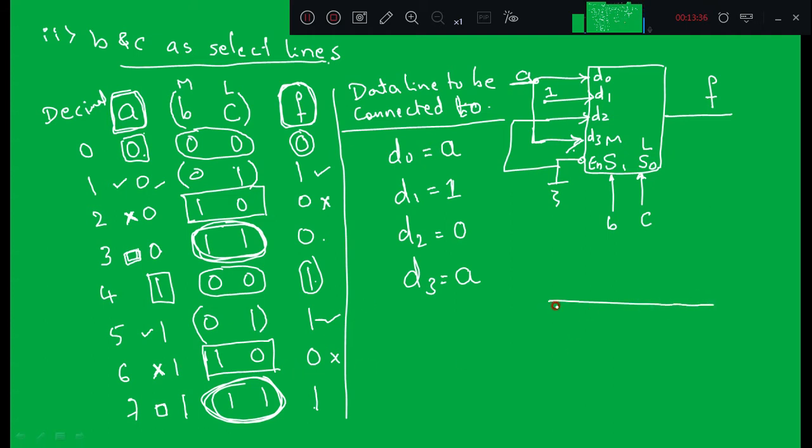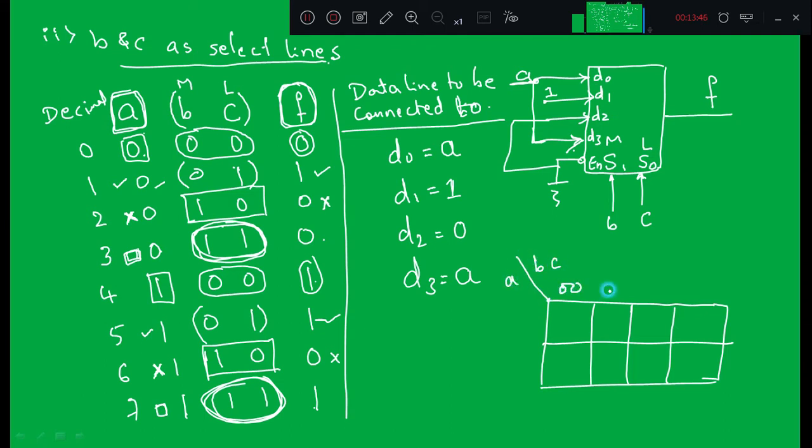Okay, now put a 3 variable K-map, with A, B, C. F is 0 for 0, output is 1 for 1, it is 0 for 2, it is 0 for 3, and 4, 1, 1, 0, 1, right?